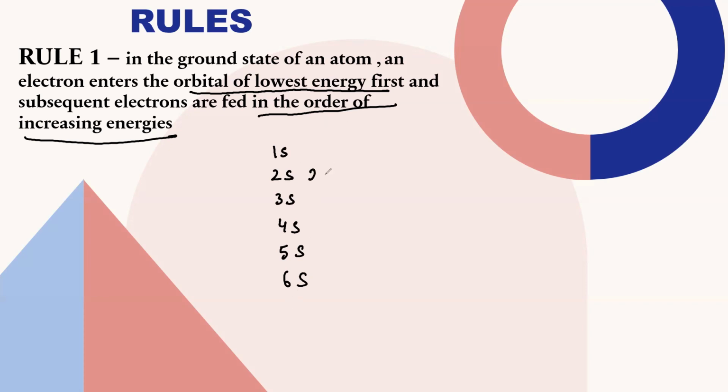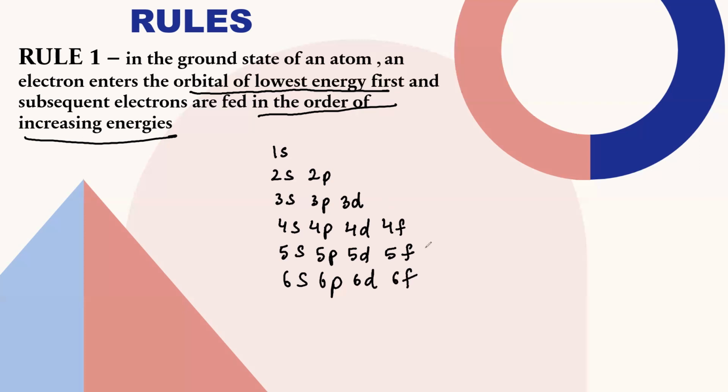Then start from here: 2p, 3p, 4p, 5p, 6p. Then from the third one, 3d, 4d, 5d, 6d. And then start from this f: 4f, 5f, and 6f, and so on.